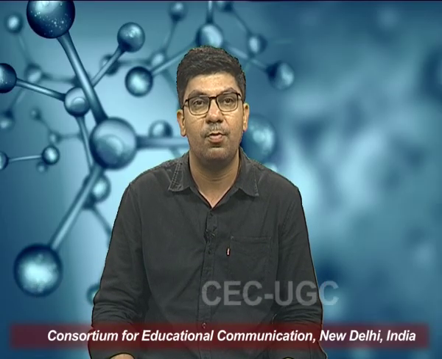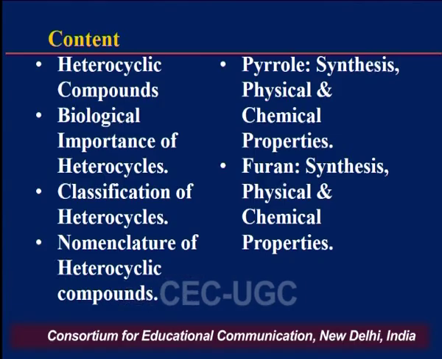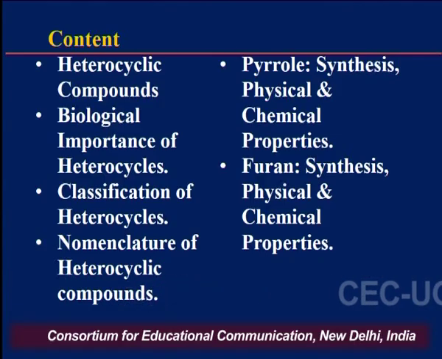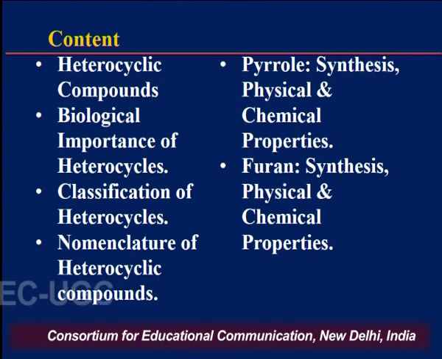In this course, we are going to discuss the basic introduction of heterocyclic compounds, biological importance of heterocyclic compounds, thereafter classification of heterocyclic compounds, then nomenclature of heterocyclic compounds. After discussing these four parameters, we are going to discuss 7 different heterocyclic compounds. Those will be pyrrole. In pyrrole, we are going to discuss synthesis of pyrrole, its physical properties as well as chemical properties.